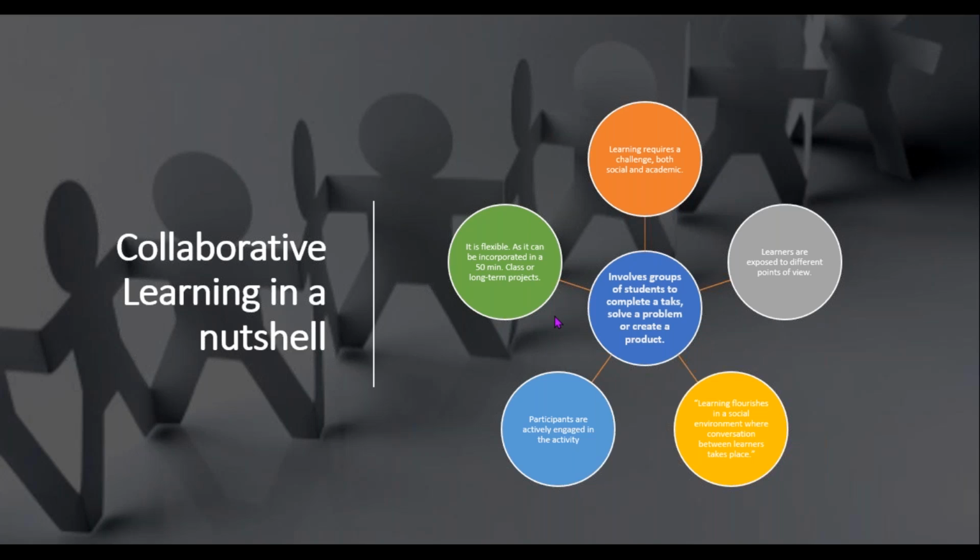Now, these are some characteristics of collaborative learning. One of the first is that it involves groups of students completing a task, solving a problem, or creating a product. So students have something in common, an aim to reach in order to work together. Something else is that learners are exposed to different points of view.